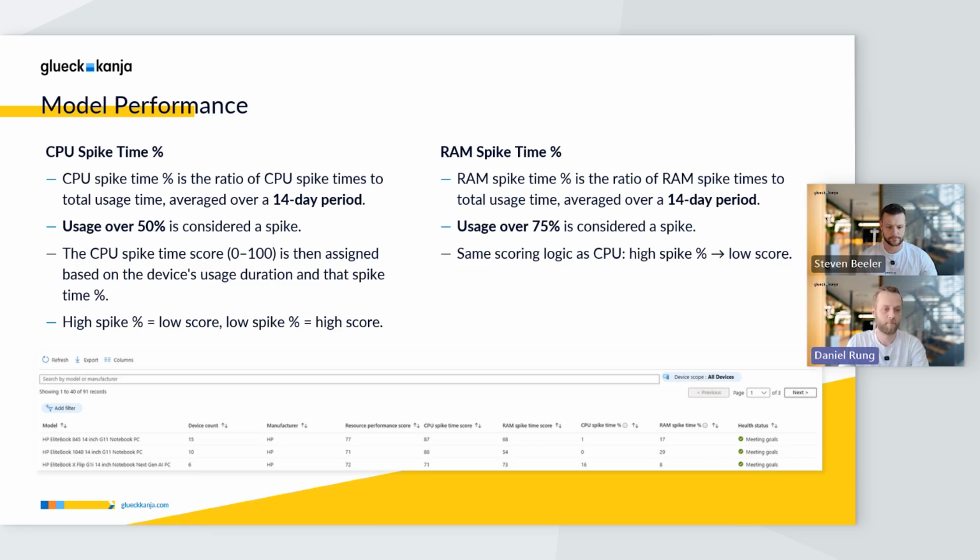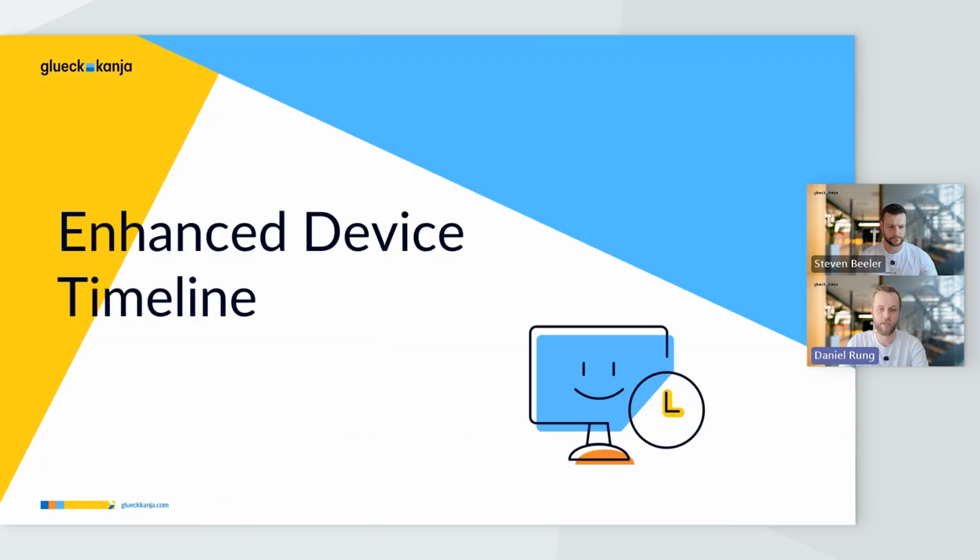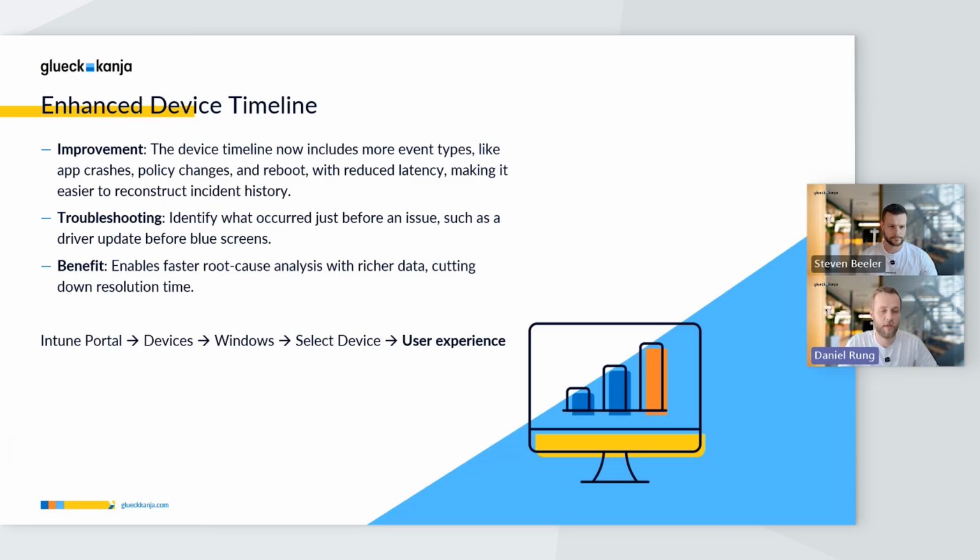And yeah, let's go to the device timeline. Like Steven showed you, the device timeline is in the user experience on a device in Intune. So it collects all analytics data for each device. And you can see events which happen just before an issue occurs.